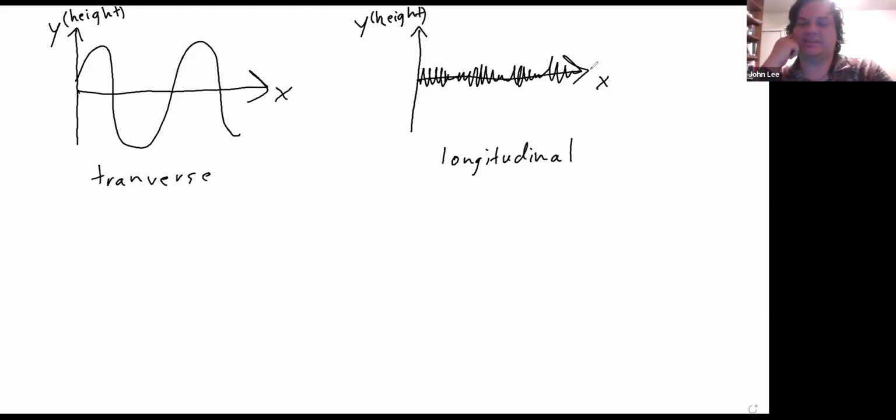So this is more of a demonstration than a graph. So I'm just going to erase y of height from here because it's not really a graph, it's just what the pressure looks like as you go across x.